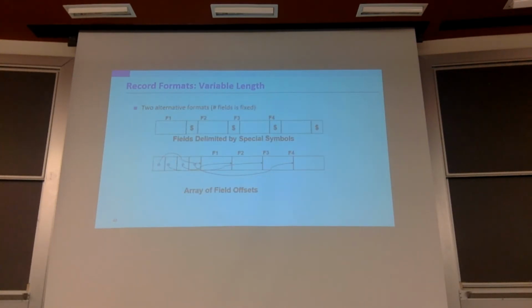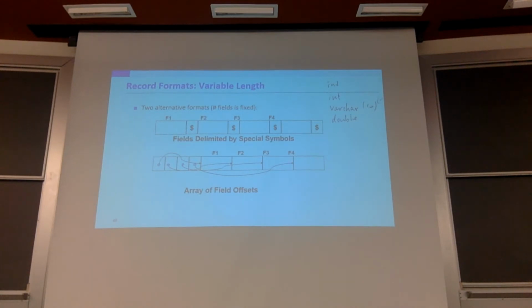Okay. So the next thing is, what if you have variable length records? Suppose your schema is int, varchar 10, and say just double, okay, just four fields.